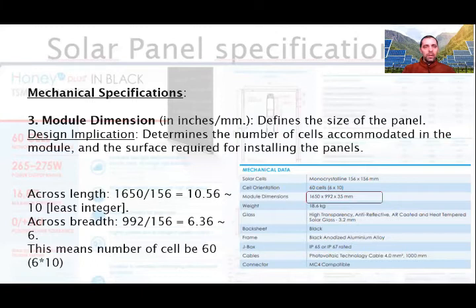Across the length, 1650 divided by 156 is 10.56, so it means that 10 cells fit in one column. Across the breadth, 992 divided by 156 is 6.36, so it means that 6 cells fit in one row.